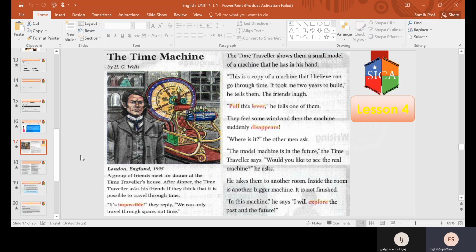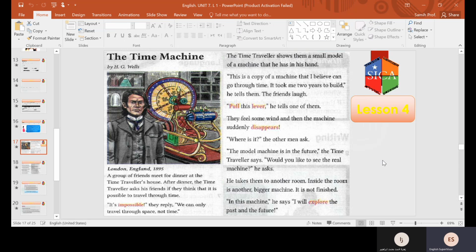The next word. Disappears. What do you mean by disappears? In English also. The sum of cakes disappears.